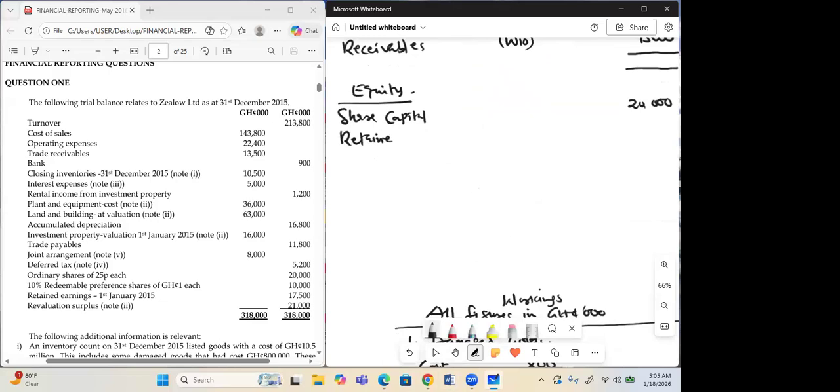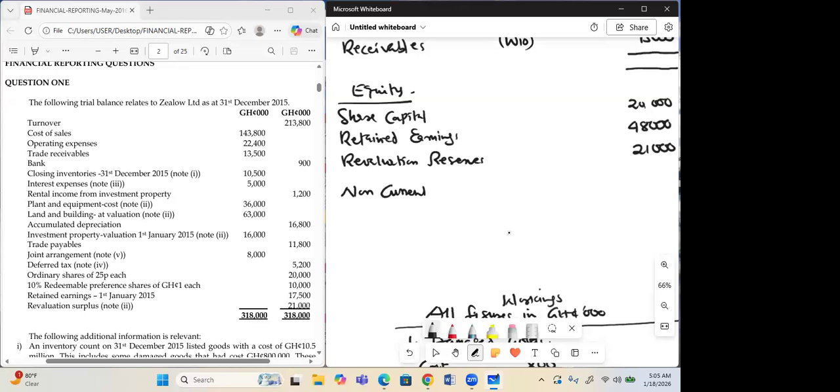Do you remember? Then the revaluation reserves, we got 21,000.